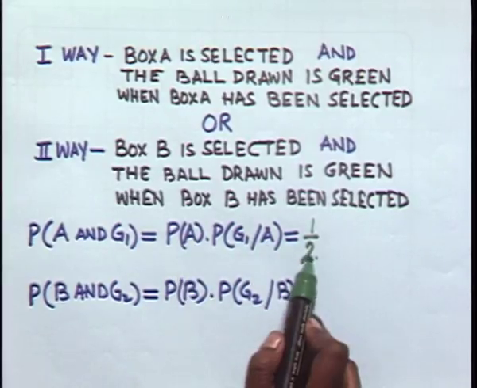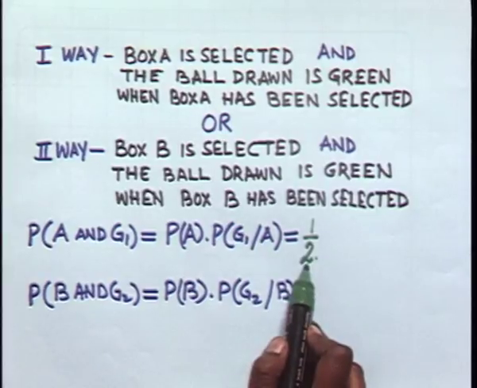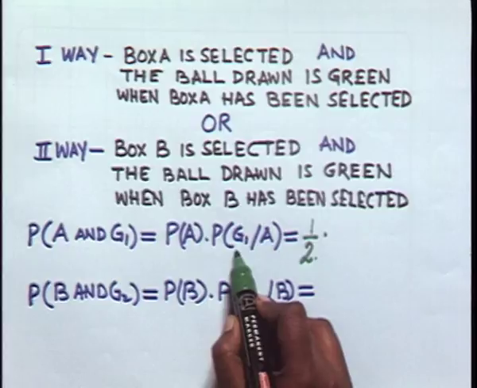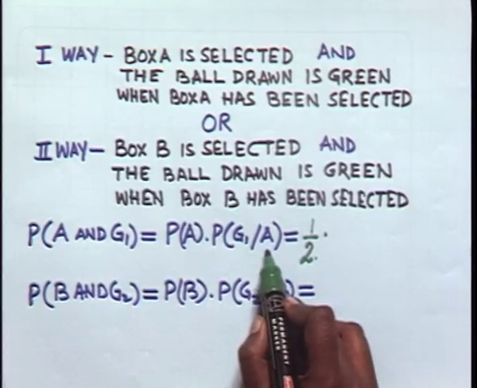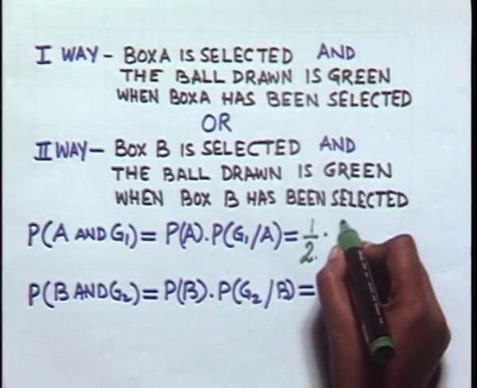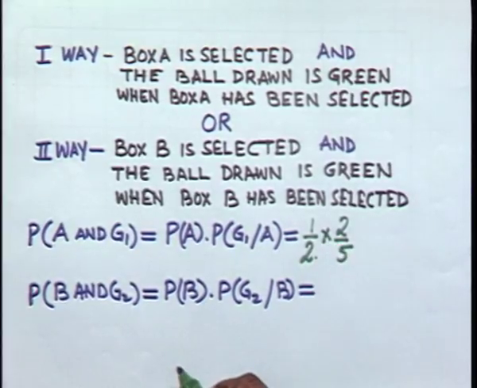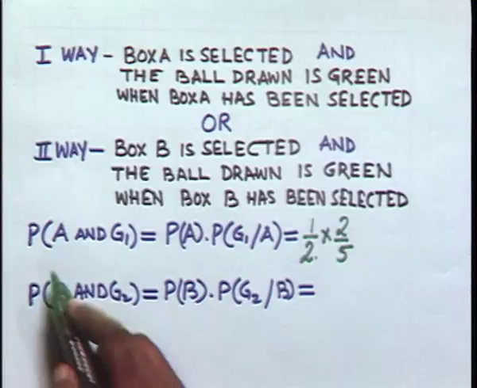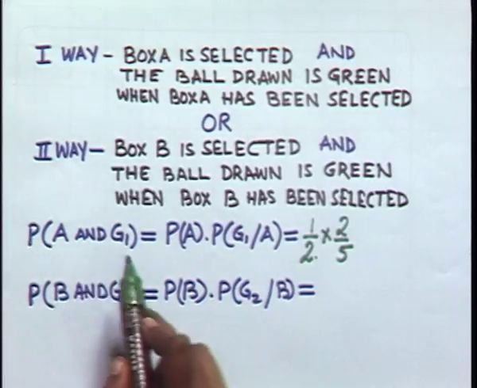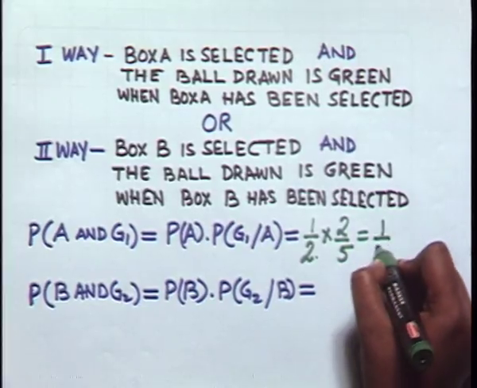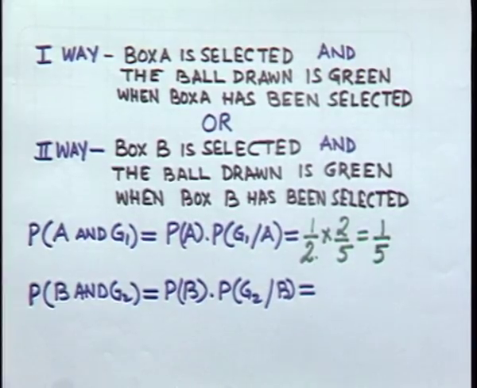But as we have just now said, probability of event A is 1 upon 2 and probability of drawing a green ball when box A has already been selected is equal to 2 upon 5. So, we have 1 upon 2 multiplied by 2 upon 5, therefore, probability of event A and green ball selected from box A is equal to 1 upon 5.